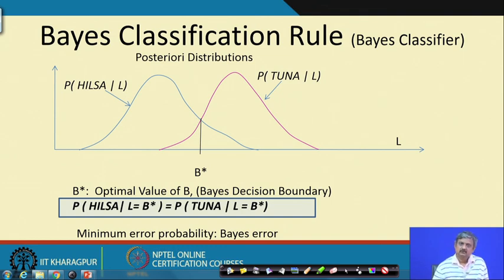All right. So, now, this is fine, this I call a base classifier. Let me make life a little bit easier for me. Instead of solving these two equations and finding the intersection, I do the following.